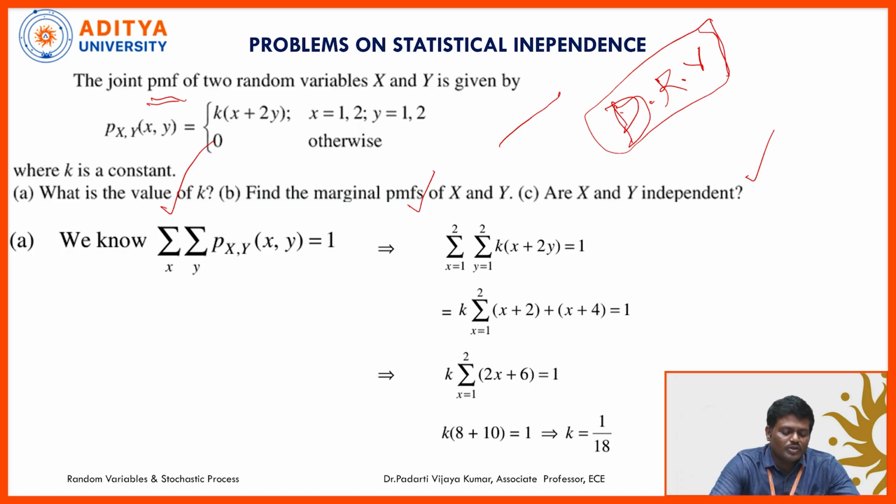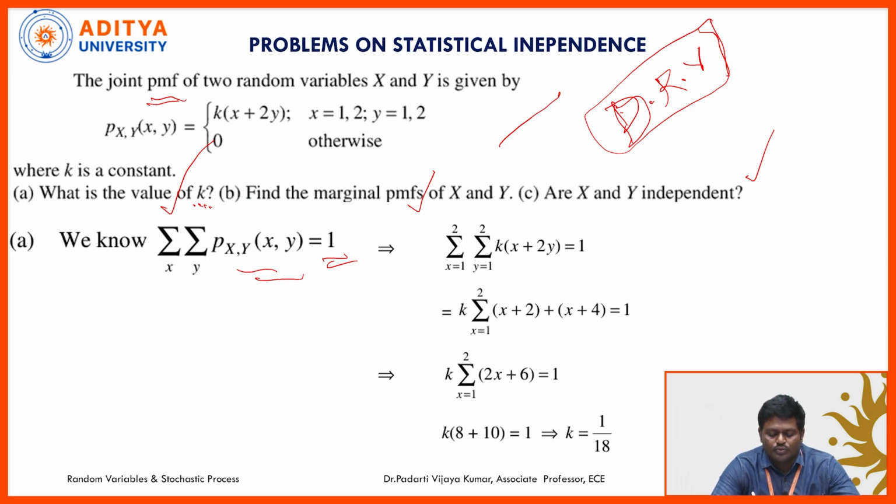In order to compute the value of k, we have one property of the probability mass function: the sum of all the probabilities of the events defined on the random variables must be equal to 1. So, we have two random variables, and the joint probabilities must be equal to 1. Applying that condition, x limits are from 1 to 2, y limits are from 1 to 2, k into x plus 2y.